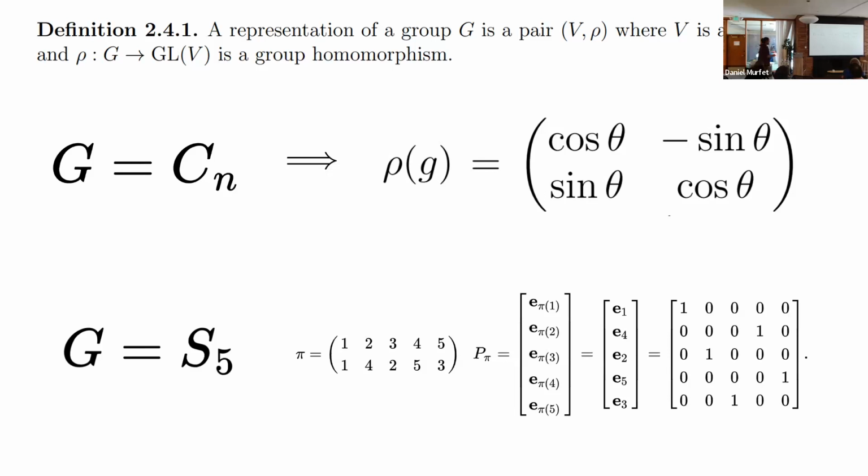Cool. One representation of S5 is just to take permutation matrices. So for this permutation, where this notation means map 1 to 1, 2 to 4, 3 to 2, 4 to 5, 5 to 3, you fill in a matrix of zeros and put a 1 wherever you have this mapping. So the 1,1 element is 1, the 2,4 element is 1, etc. This is a representation of S5.